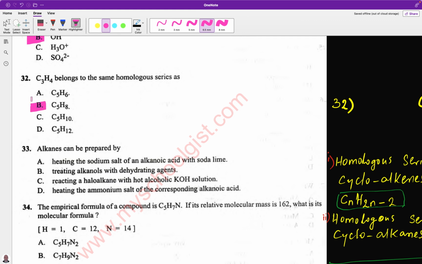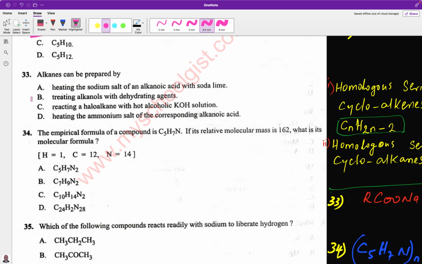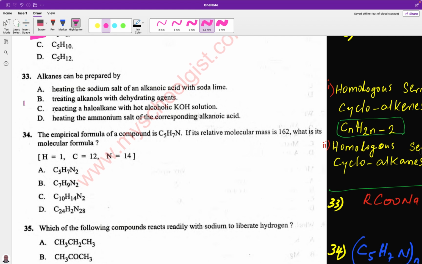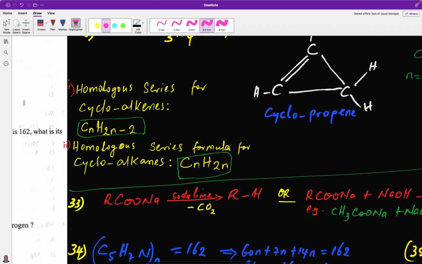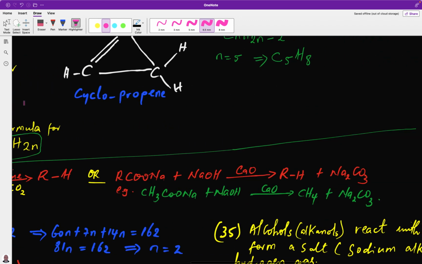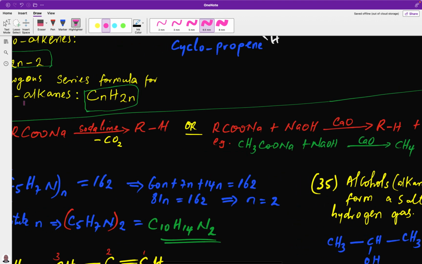Now we go to question number 33. Alkanes can be prepared by A, heating the sodium salt of alkanoic acid with soda lime. This is another way you can prepare alkanes.